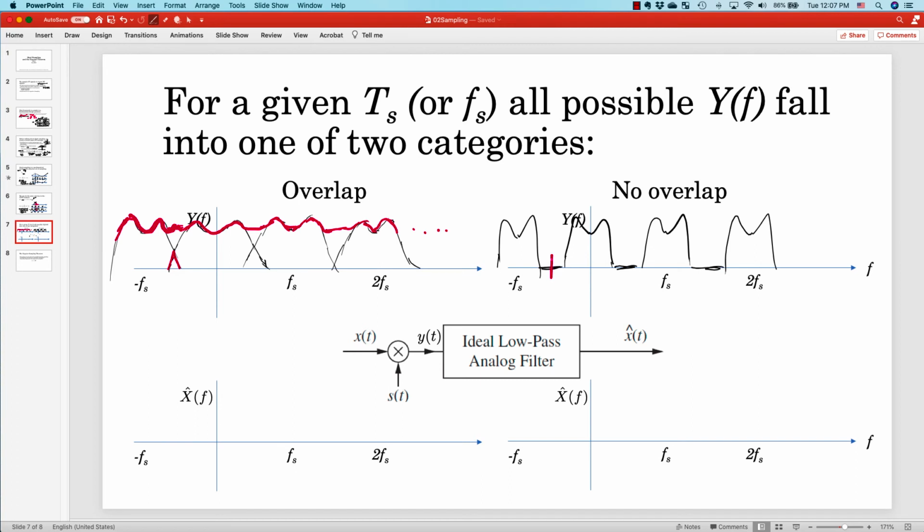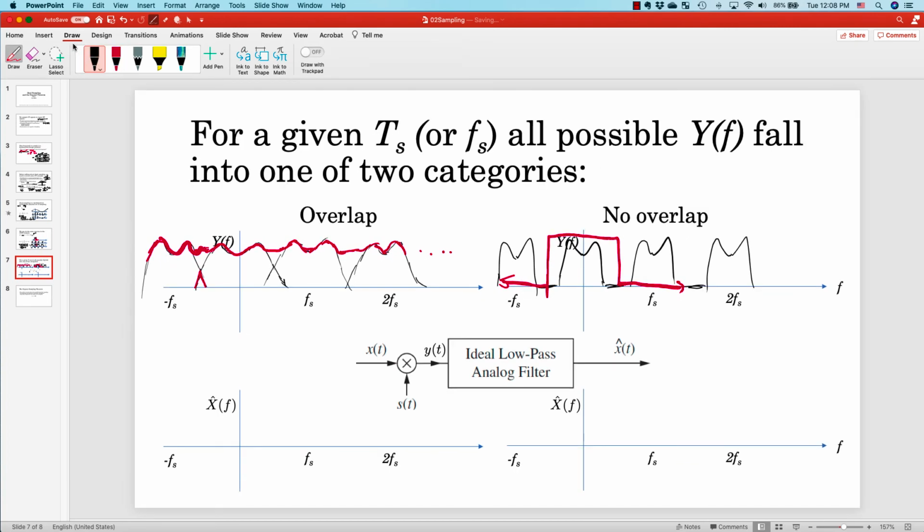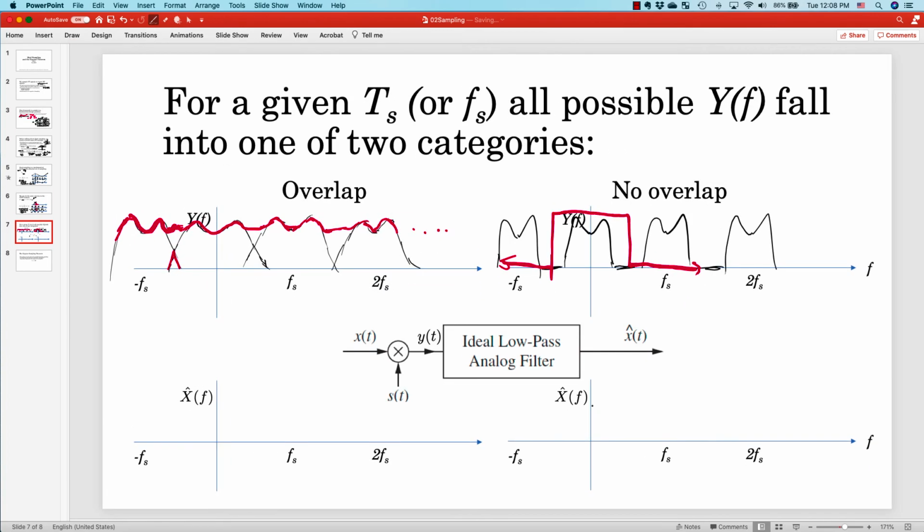So if we could just introduce a filter, it would have to be low pass, it would have to be ideal, because I don't want to do anything other than scale this back up, and it would have to be ideal because I want to perfectly reject all of this other stuff over here. But if I could do that, then after filtering, I would get this picture.